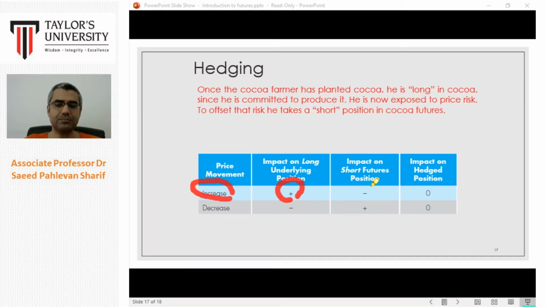But what happens to his futures contracts? These futures contracts lock in the price at 100 ringgit per ton.